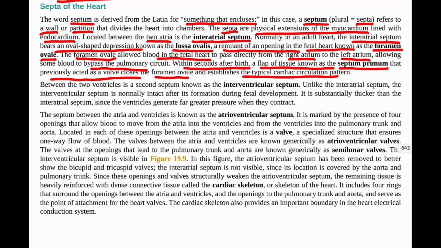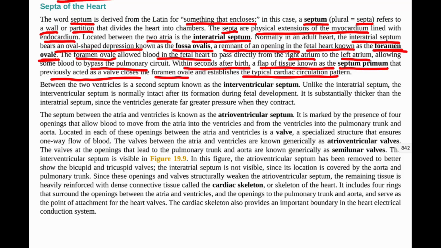A foramen, if you remember from the skeletal system, is a hole. So we have this hole between the two atria, the top chambers. Then, within seconds after birth, the tissue flap known as the septum primum flaps down and closes that up. However, we still have this little depression or indent where it was. The flap isn't as thick as the rest of the septum, and that's called the fossa ovalis.